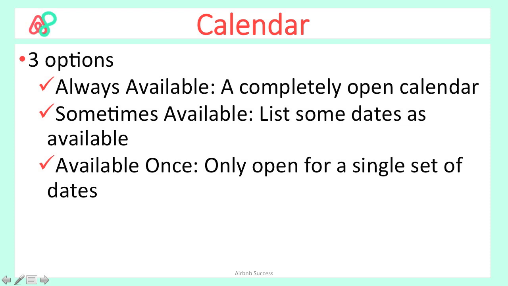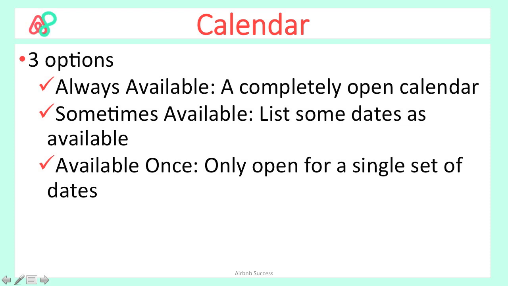And the third option is available once, only open for a single set of dates. This is like when you actually go on holiday and rent your space while you're on holiday, and you just go on holiday like 1 or 2 times a year, then you can choose this option.